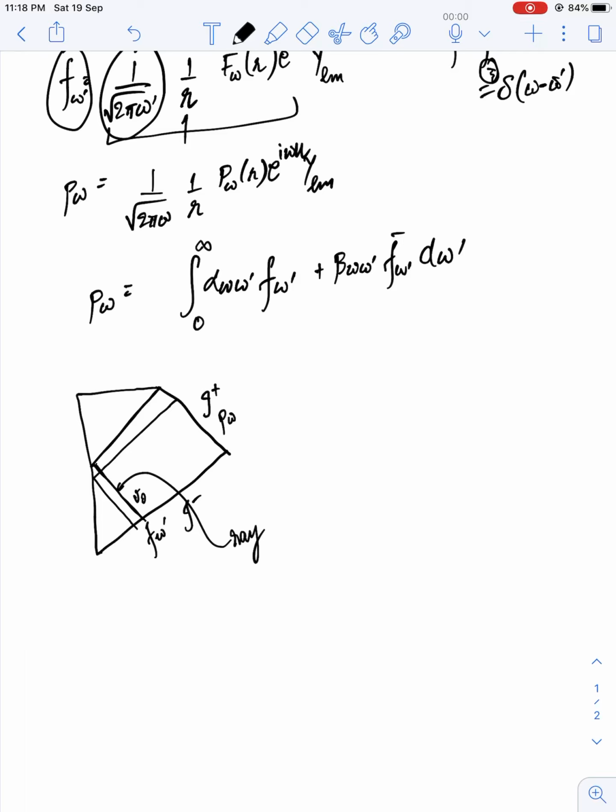Though I won't be going into detail of how this null generator will be used in the calculation. The basic point is, using these waves, using these rays, using these paths, we will eventually represent p omega in terms of f omega, some form of f omega.